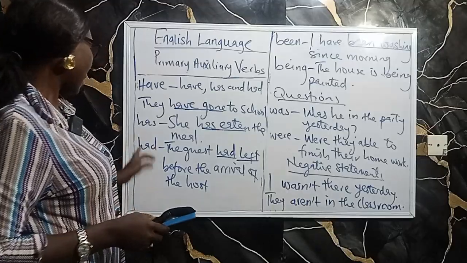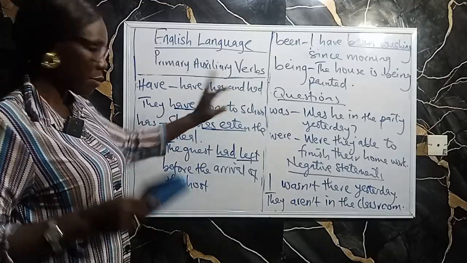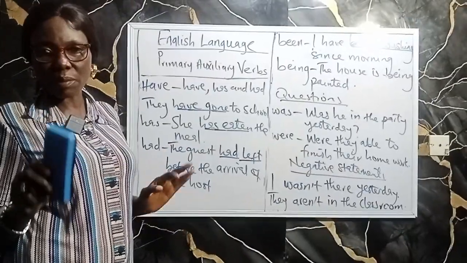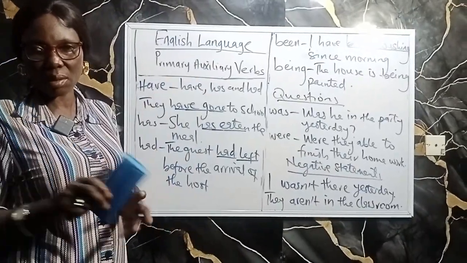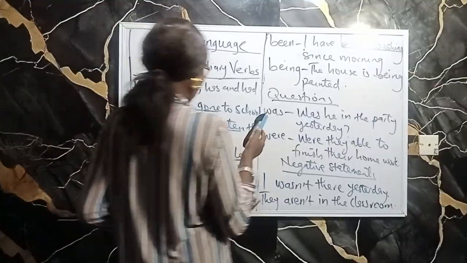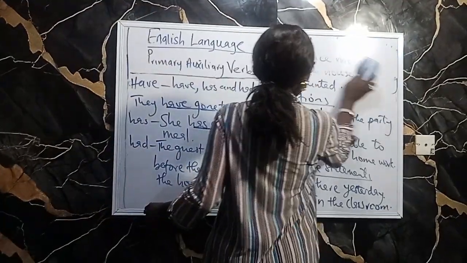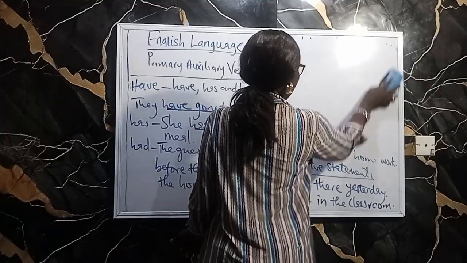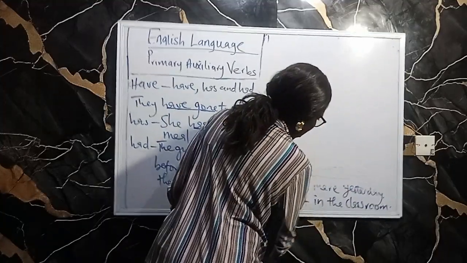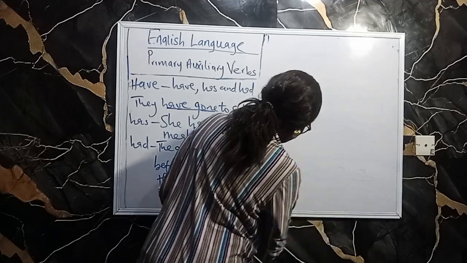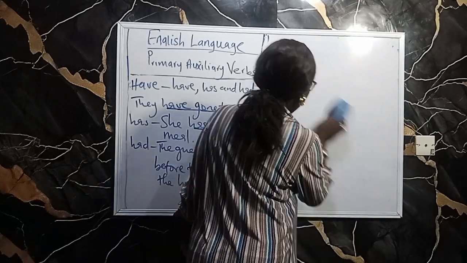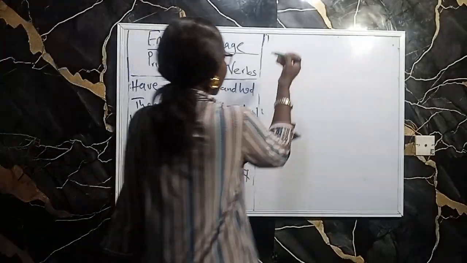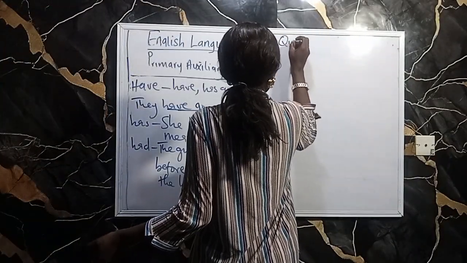Okay, so like I said before, these verbs too, we can use them to make negative statements. We can use them to also ask questions. Okay, so let's use them. Now, we use them to form questions.